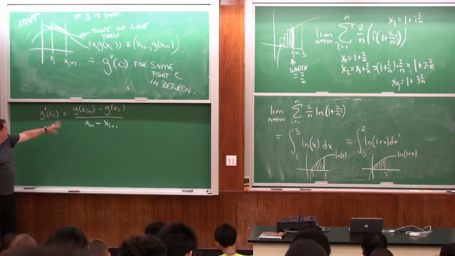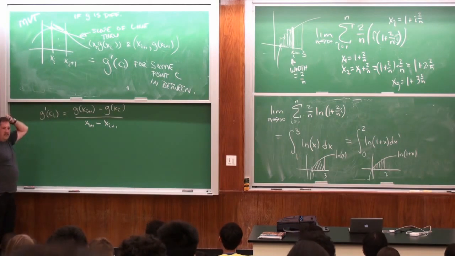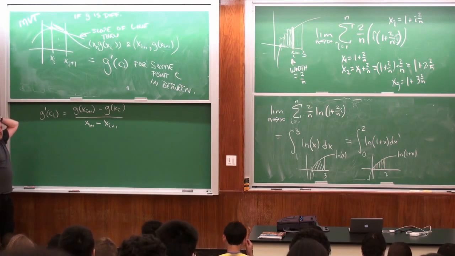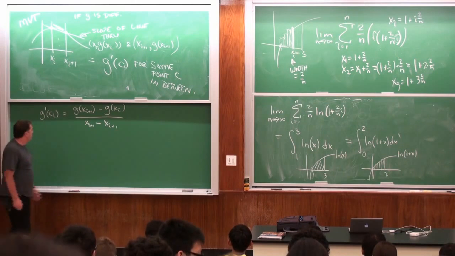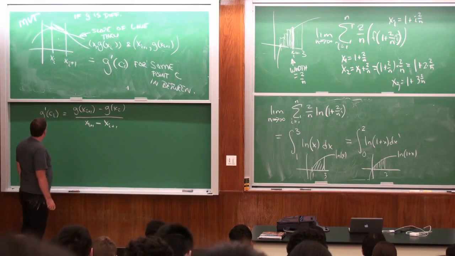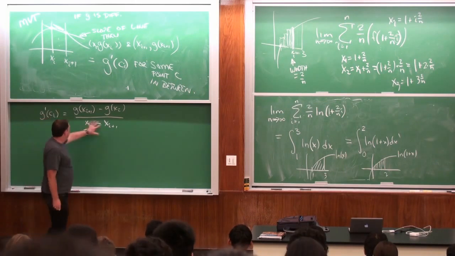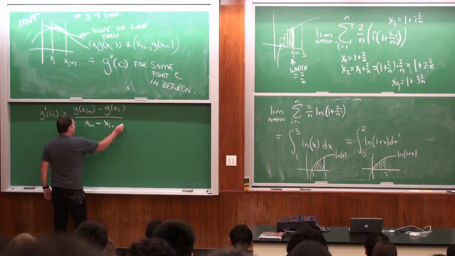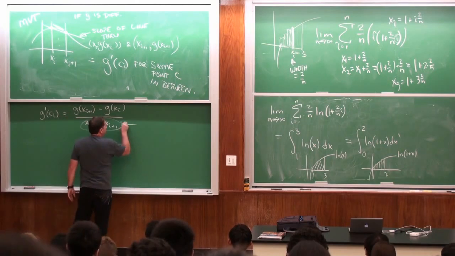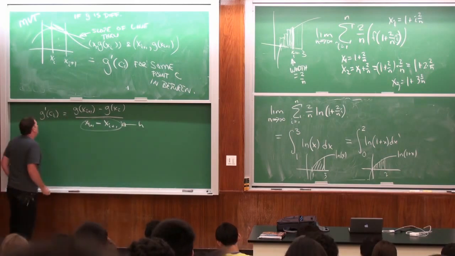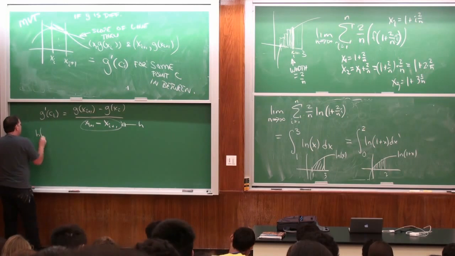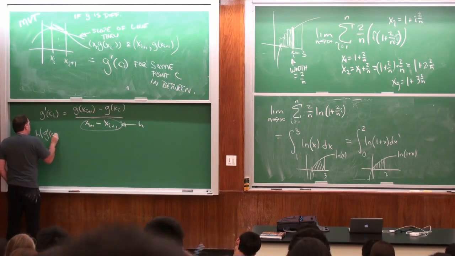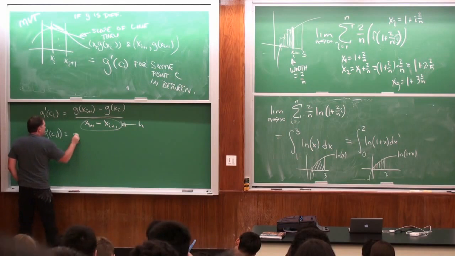This is the slope of the line, and there's the derivative. The slope of the line there is the same as the derivative at some point. Okay. Just for the hell of it, let's call this distance h. So that means that h times g prime of ci is this difference.